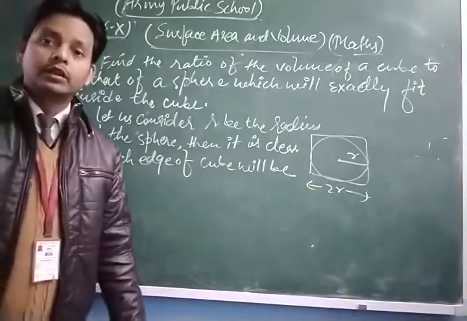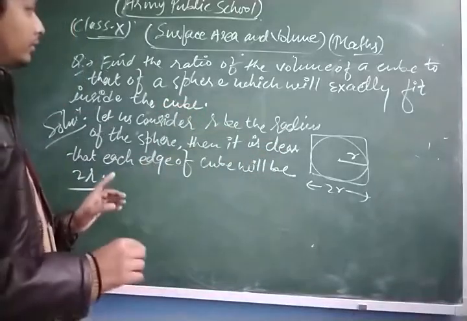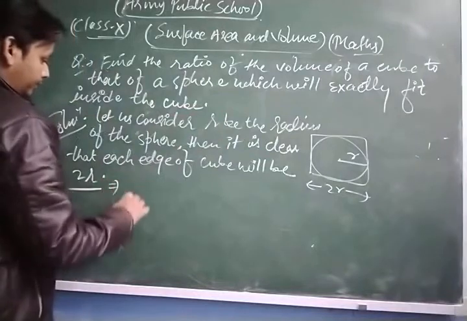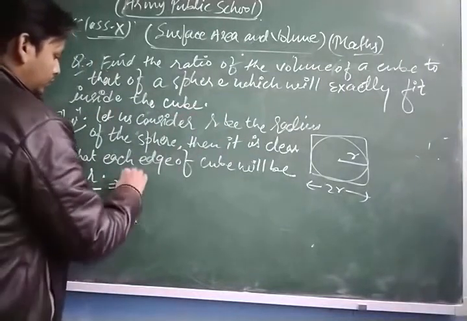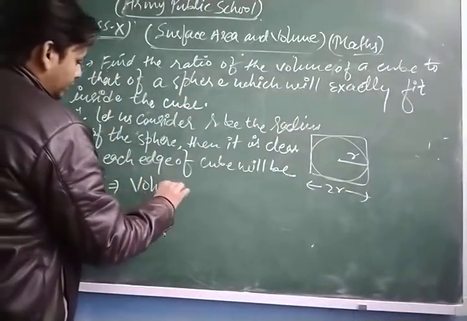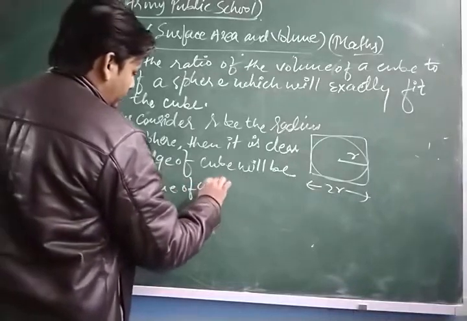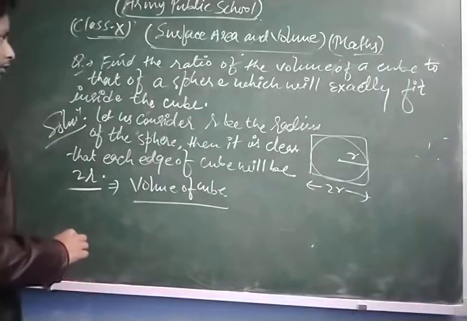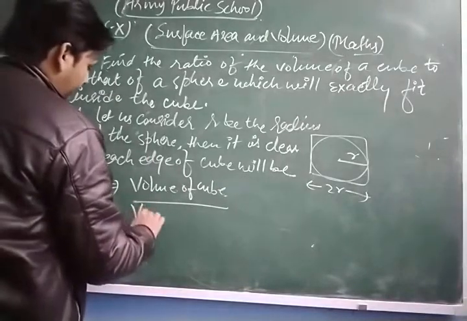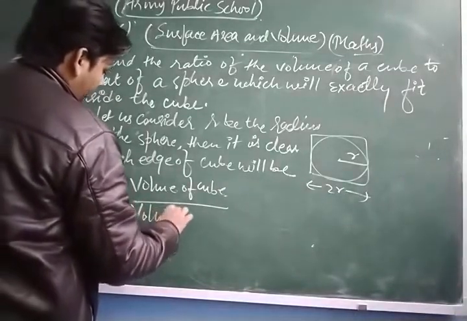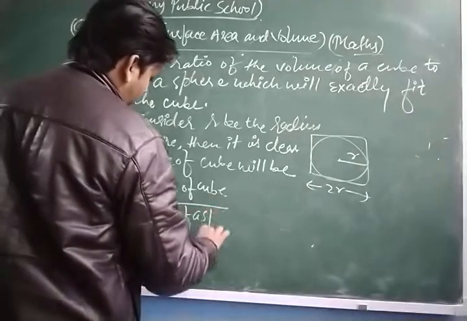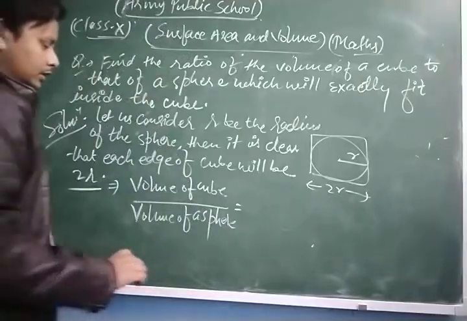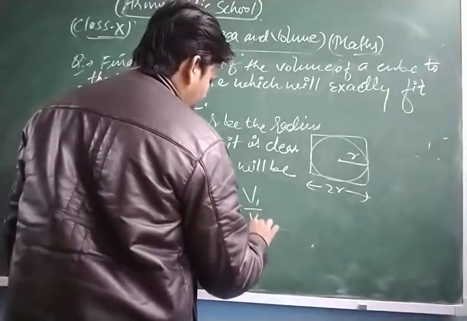Now we find the ratio of the volume of the cube to the volume of the sphere, that is V1 upon V2.